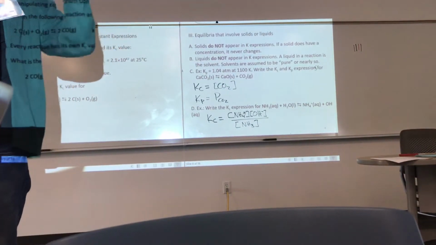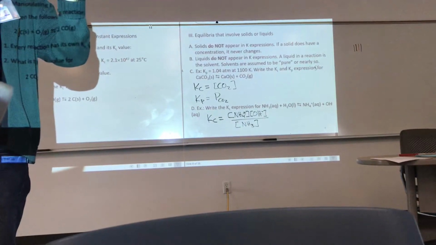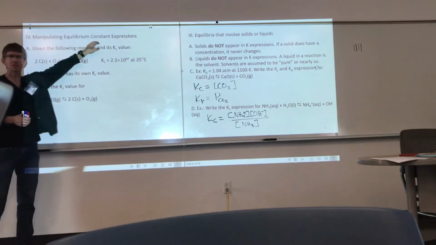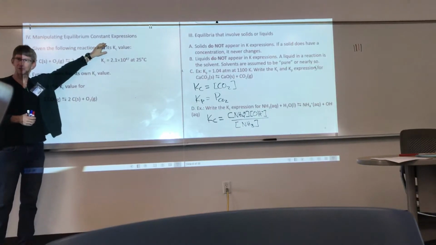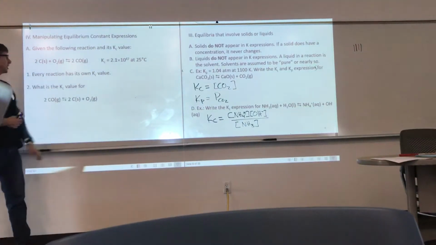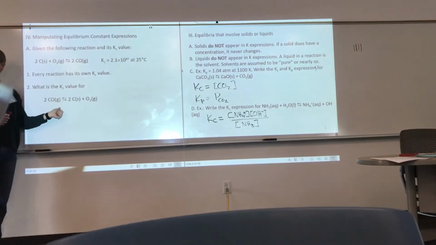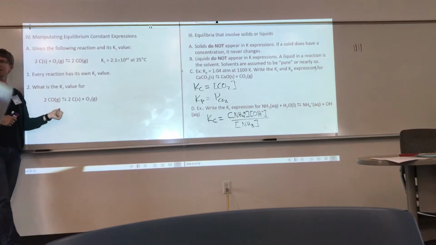And I did the same three things last semester when I talked about manipulating delta H values. When I went from here to here, what did I do as far as reactants and products? I reversed them, I flipped them. And for delta H's, what did that do to the sign of delta H? Change the sign, right? Okay.